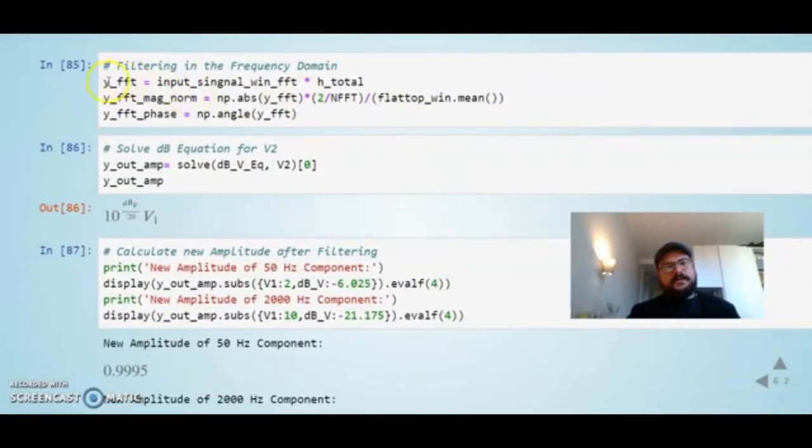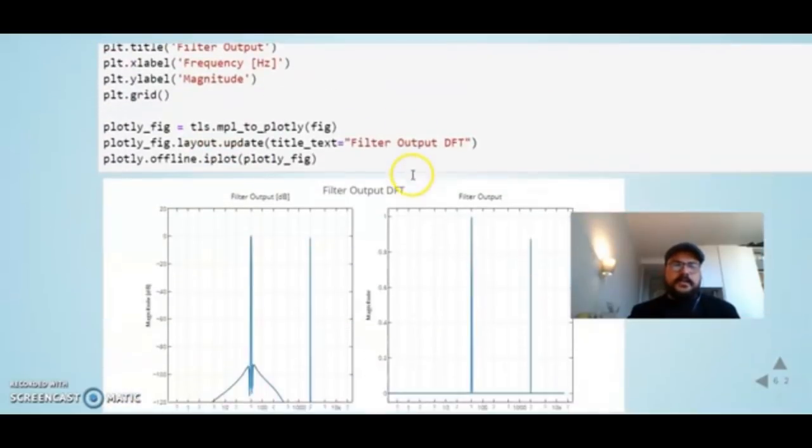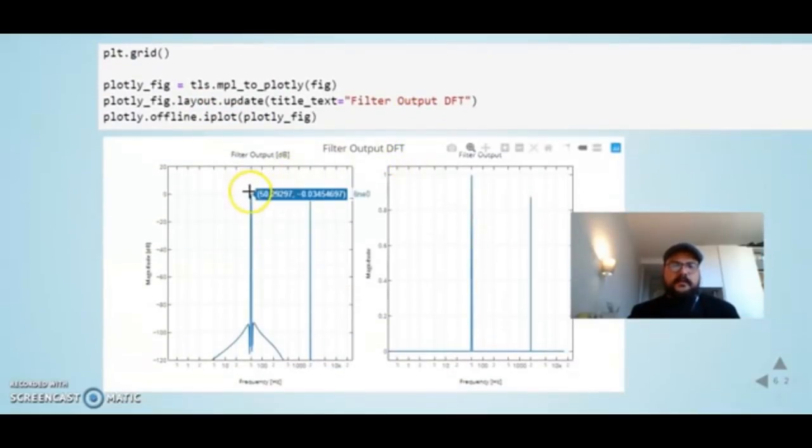If we plot our output signal in the frequency domain, we will see that indeed we have an amplitude of approximately 0 dB at the 50 Hertz component, which is equal to an amplitude of approximately 1, like we calculated before.